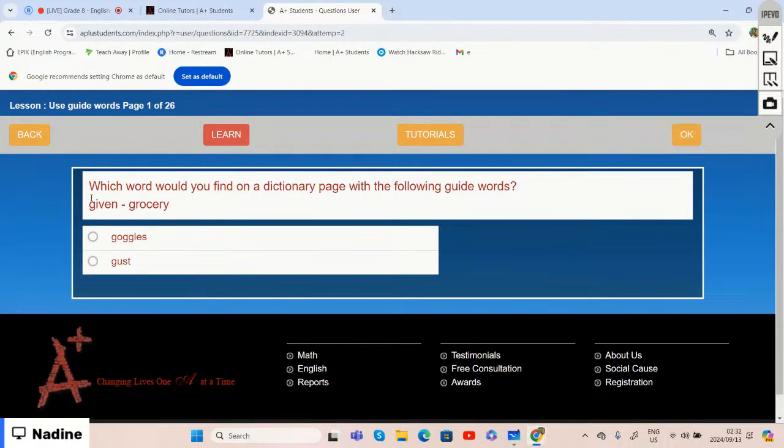For example, we have given, GI, and grocery, GR. The word that we will find in between is goggles or gust. Will we find O between I and R, or will we find U between I and R? Goggles or gust.